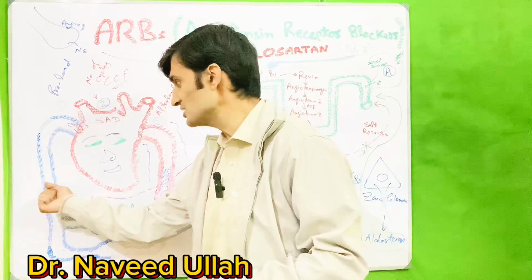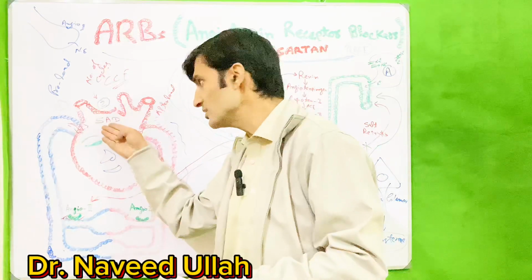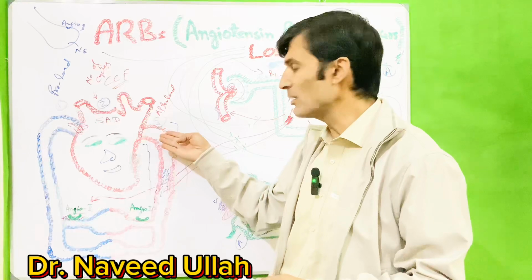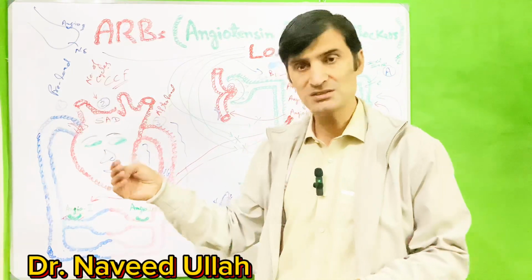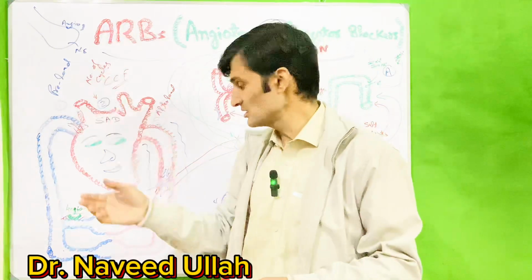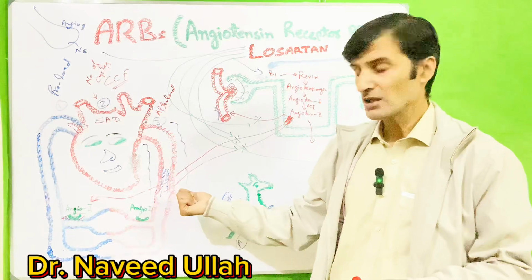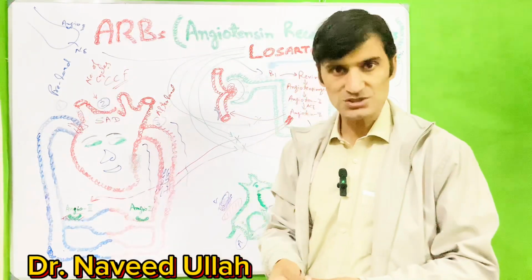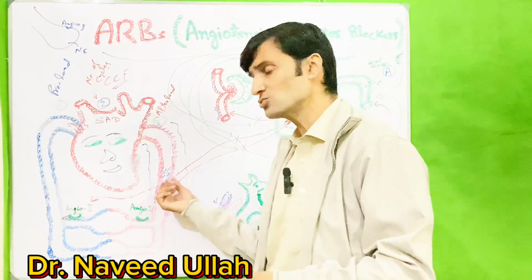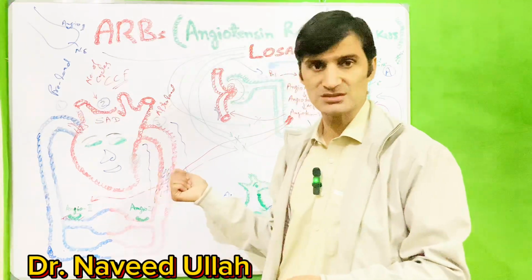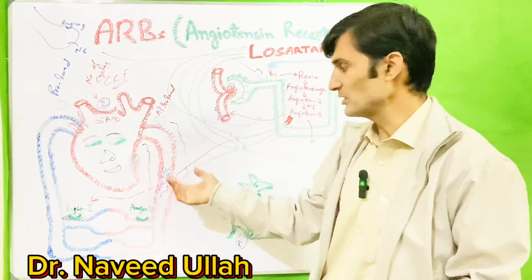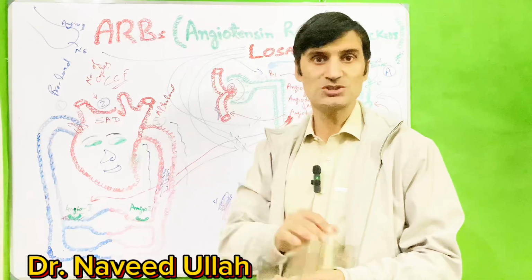When there is constriction in these veins, more and more blood will be pushed towards the heart with pressure, and the blood will be pumped out with pressure into the arteries. So the systolic blood pressure will rise. And when there is constriction on the artery side, there will be increased diastolic blood pressure, because the total peripheral resistance will be increased. The resistance to the pumping of the heart will be increased, so diastolic blood pressure will rise.